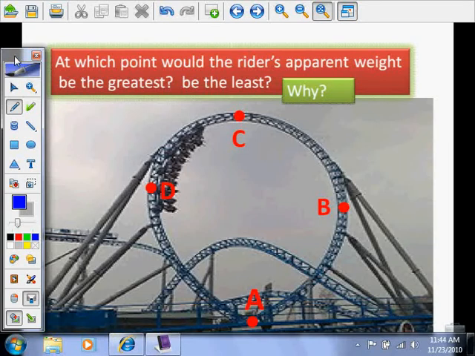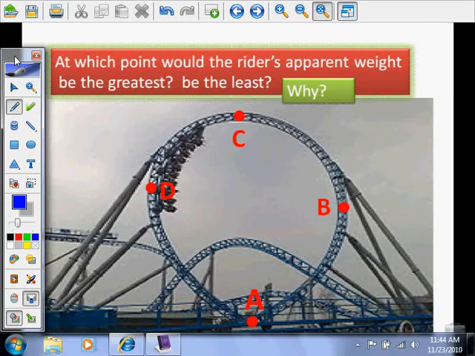Are you asking why, when they go like that, they're not falling? Yeah. It's the same velocity, fast enough.